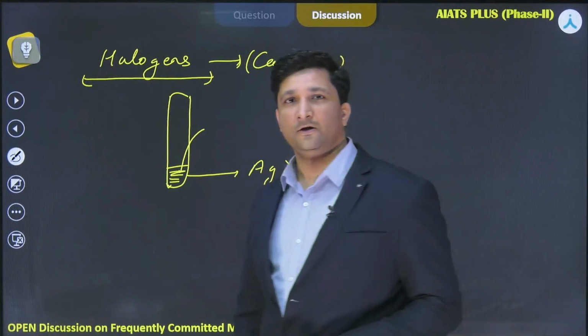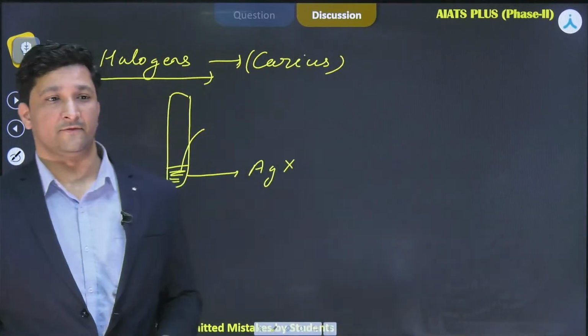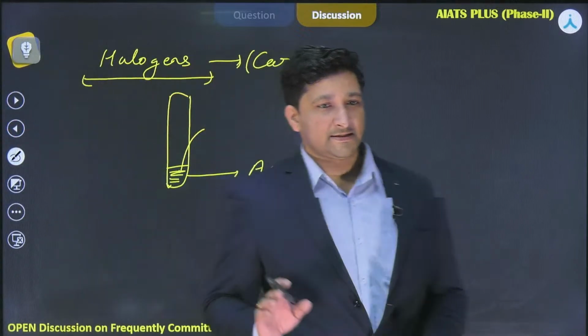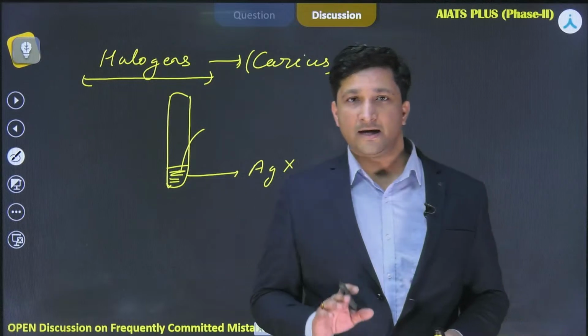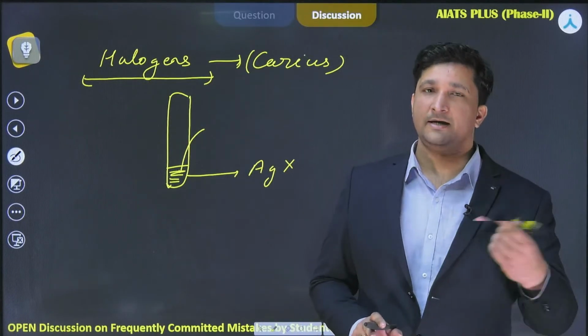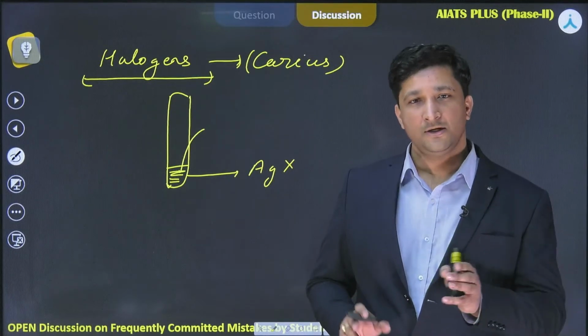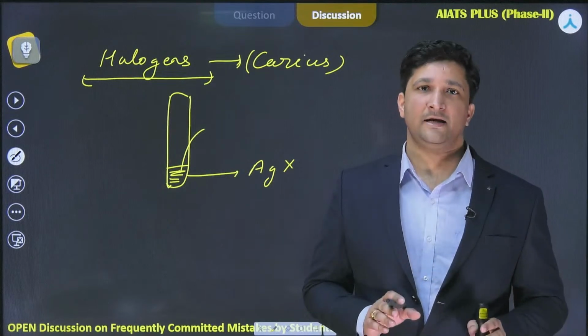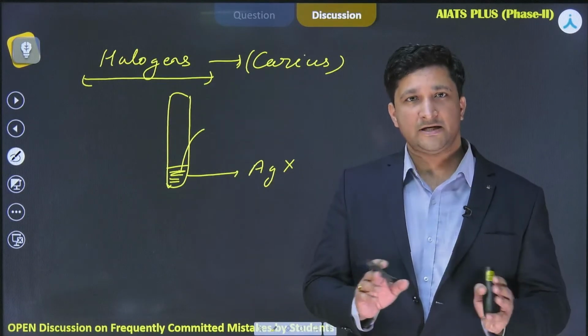Now you will also ask, sir, how will we know which halogen this X is? So this Carius method is basically done to estimate quantitatively. In the Lassaigne test, we have already discussed the qualitative analysis, where we can find out which halogen is there.